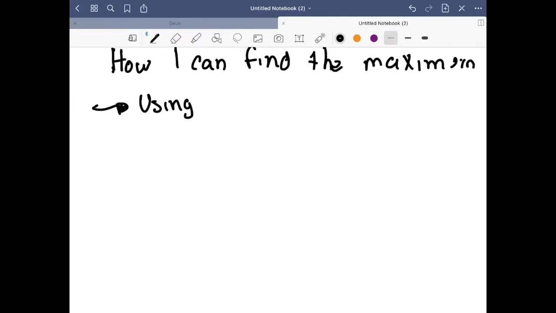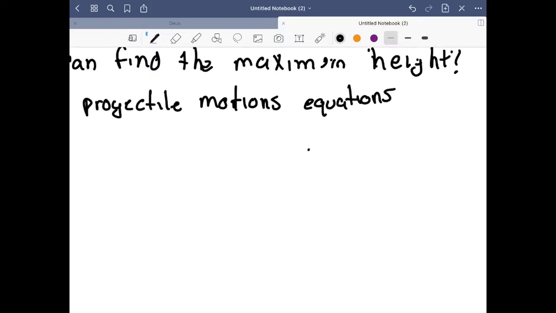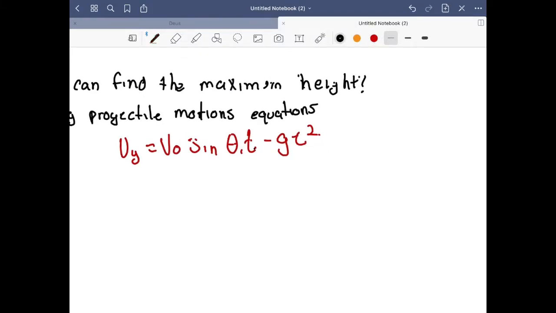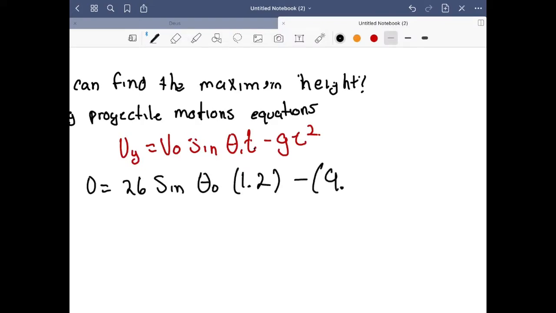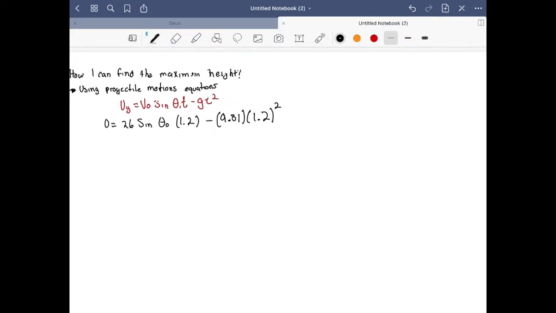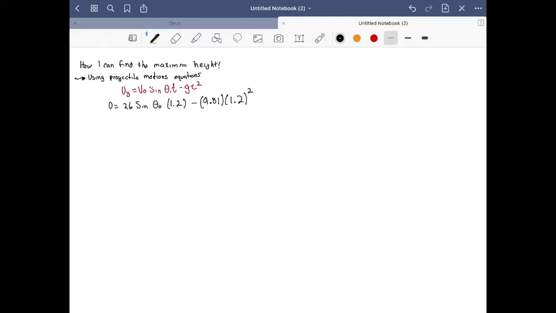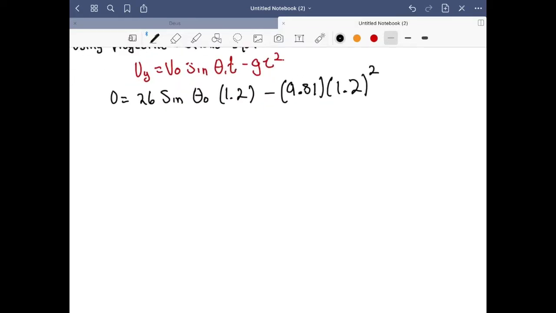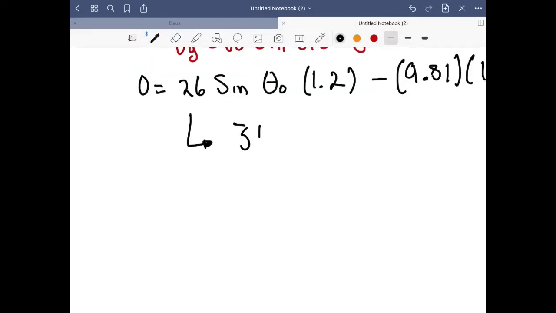The first thing I did is calculate the angle for player A. I use this formula, the projectile motion equation, given in red in the video. I solve this equation normally, clearing and finding theta. So at the end, theta is equal to 70 degrees.